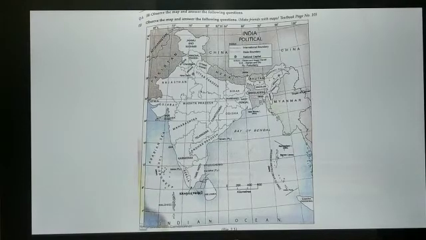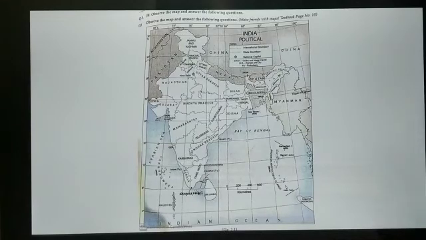So this is all about your lesson number 2, location and extent. I hope you have understood well. One very important thing, apart from this PPT or slides, you are supposed to read your lessons thoroughly, which I have been telling you for so many years. Reading lessons in social studies, that is history, political science, geography, is very important, because objective questions can come from inside your lesson.